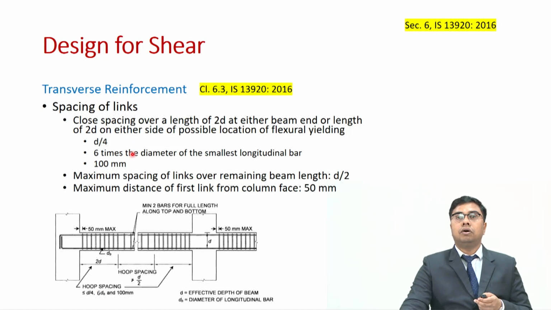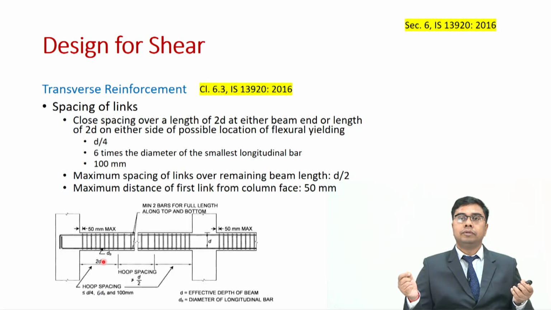Further on, this zone near the beam column joint, as I mentioned, will be having a length of 2d, 2 times the effective depth of the beam, or it can be close to any other possible location of flexural yielding. But as we have mentioned earlier, we expect the flexural yielding or the plastic hinges to form near the beam ends.